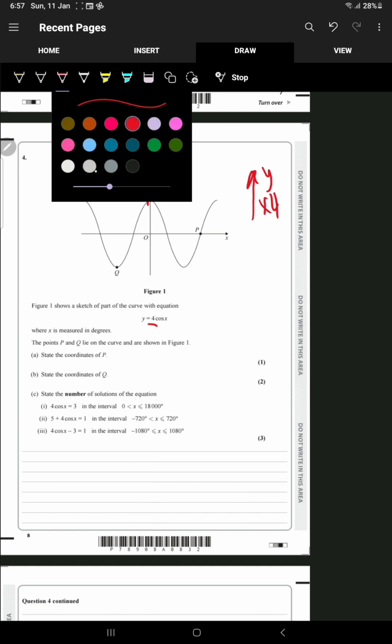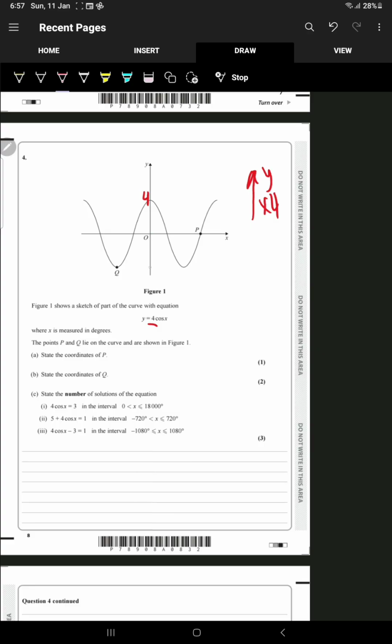So this is going to be 4. Let me just shorten it up. Oh, sorry, minus 4. This one is minus 4. And if you know the cosine graph, this one is going to be 90 degrees, the first intersection with the x-axis, the x-intercept.